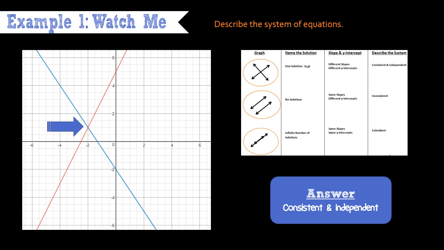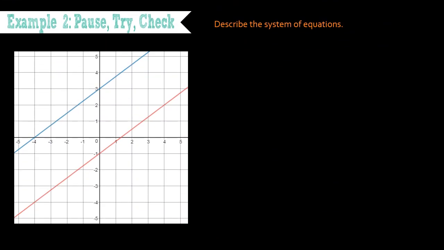So you're just matching your solution set with the terminology to describe that system. So since I had a system here where they cross or where they intersect, that's one solution. When I describe it, it's consistent and independent. Right now, go ahead and pause, come back after you've tried to check your answer.